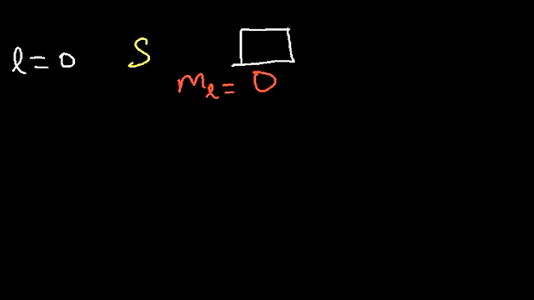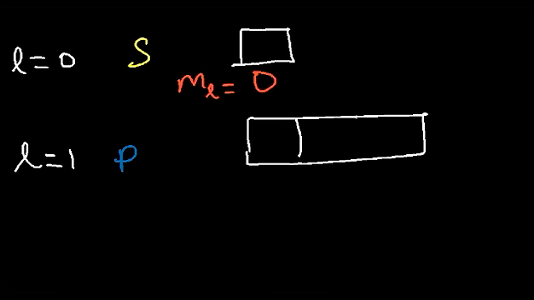So when l is 0, we have the s sublevel, and s only contains one orbital. ml is the number associated with that orbital, which is 0. Now when l is 1, we have the p sublevel, and for p, there's 3 boxes, or 3 orbitals. And notice that when l is 1, ml could be -1, 0, or 1.